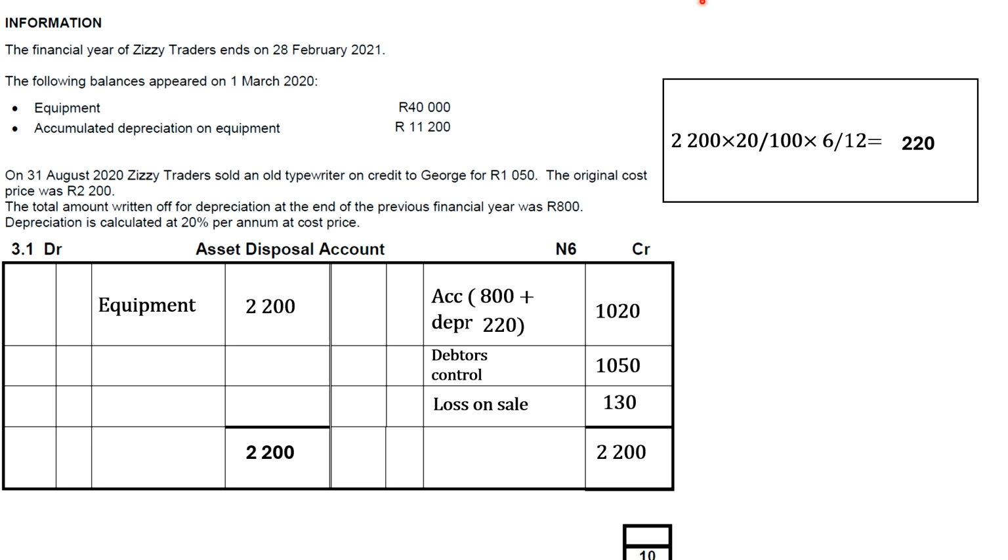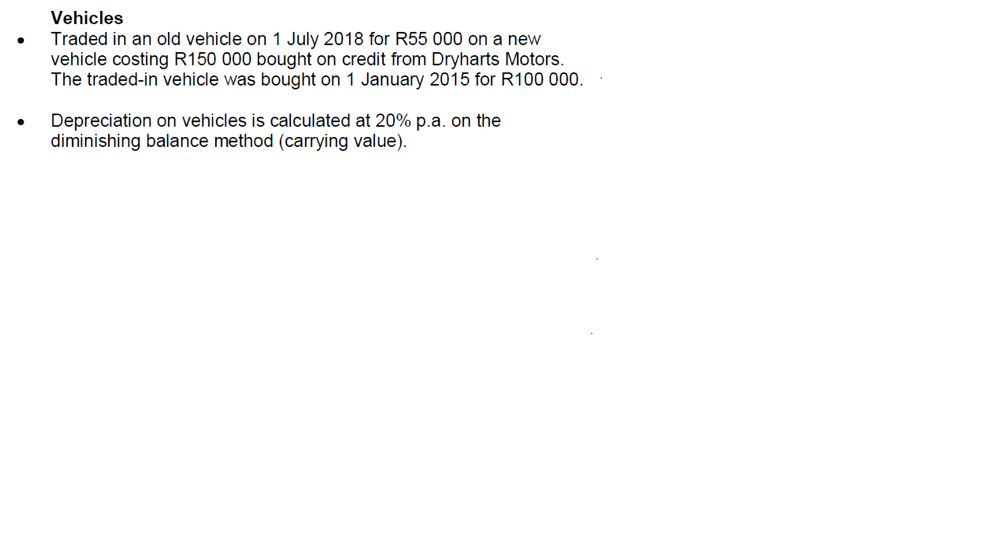Now we're doing our next example. Here: traded in an old vehicle on 1 July 2018 for 55,000 on a new vehicle costing 150,000. For the purpose of this video, we're not going to consider this 150,000. We're just going to ignore it, because that's something we need for our fixed asset note.